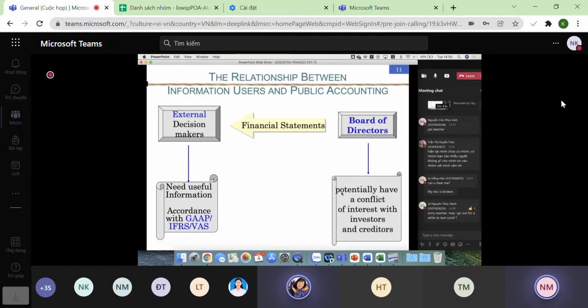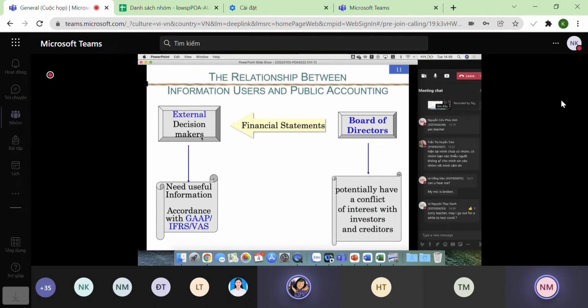So when there is a conflict of interest between the board of directors and external users, who solves that problem? Who solves the problem when two groups have a conflict of interest? We need the one who can have an independent position to solve the problem.